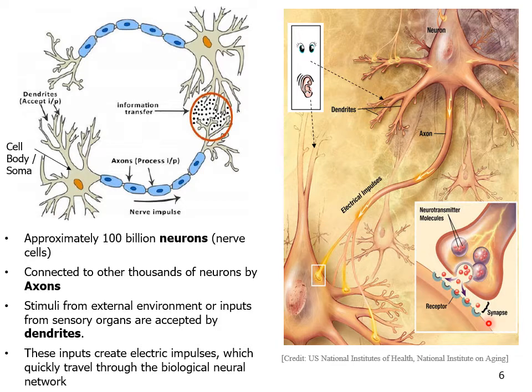See here, the stimuli from the inputs from sensory organs are accepted by the dendrites here. Those are being processed in the neurons and sent via the axons to the other neurons. Thus, through the axon, the output is transmitted through electric impulses through the synaptic layer to the other neurons.